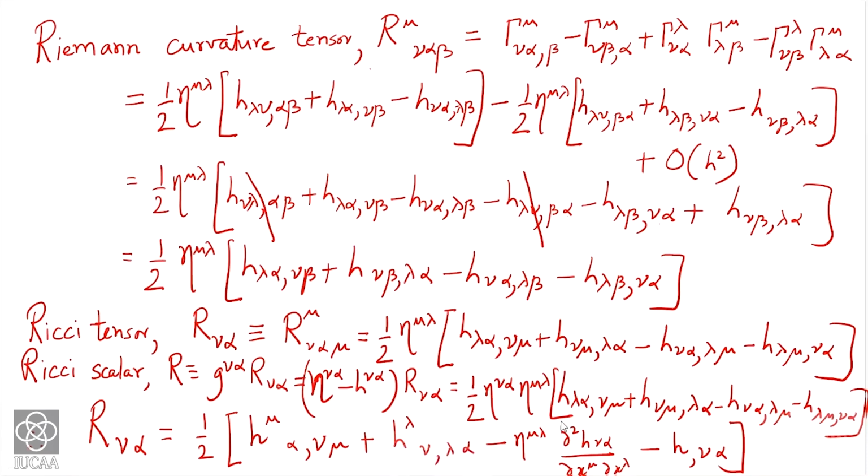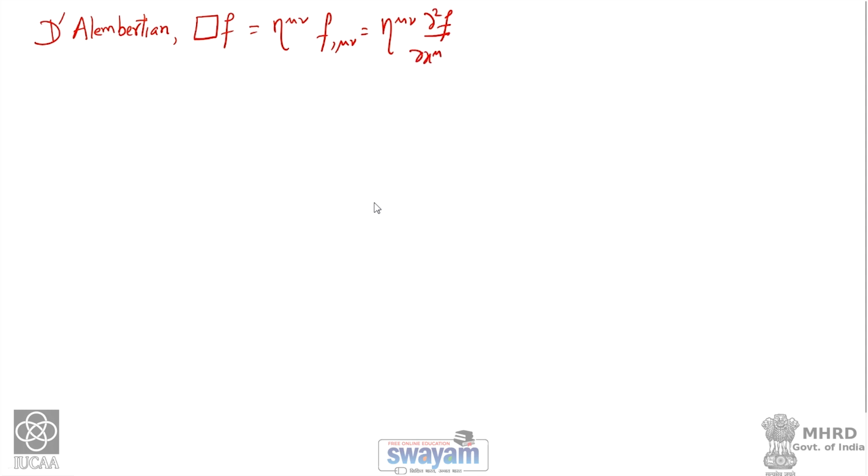minus eta mu lambda del square h nu alpha del x mu del x lambda. This is nothing but the d'Alembertian of h nu alpha, all right, because the d'Alembertian of any function, which is represented as this, is nothing but eta mu nu f comma mu nu, which is nothing but eta mu nu del 2 f by del x mu del x nu.